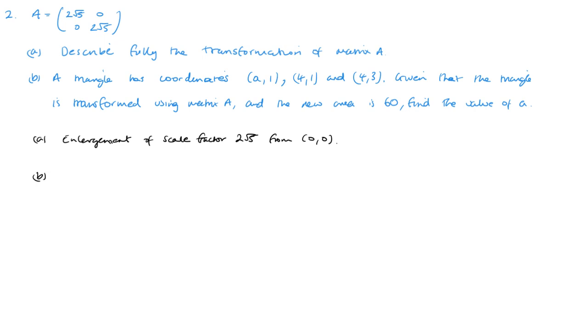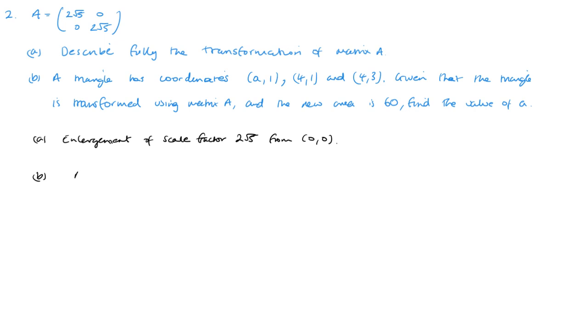Okay, they're linear transformations. All the enlargements are from the origin. Triangle has coordinates A1, 4,1 and 4,3. Given that the triangle is transformed using matrix A and the new area is 60, find the value of A.